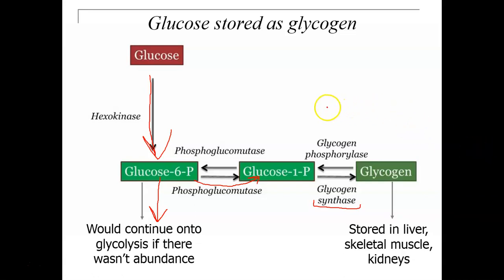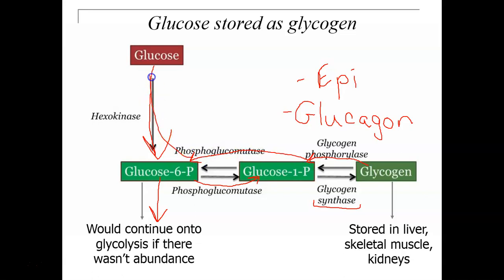Glucagon is a hormone which will stimulate this. So is epinephrine. I'm just going to write epi. Both of those hormones will stimulate the conversion of glycogen back into glucose 1P, into glucose 6P, and then back into glucose. The whole function of glucagon is to increase blood glucose.